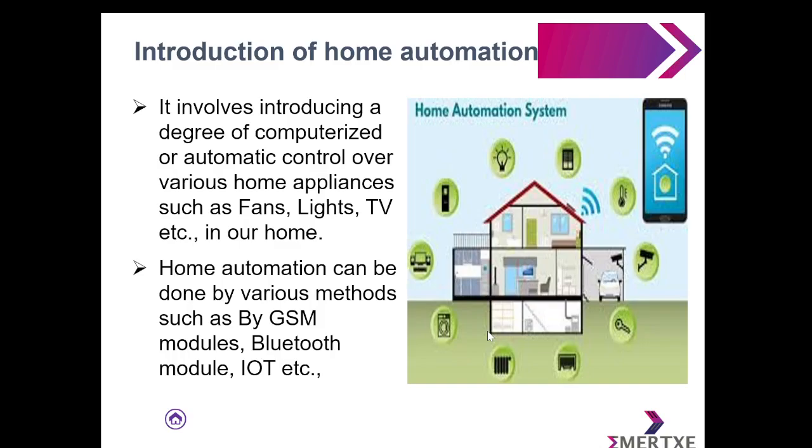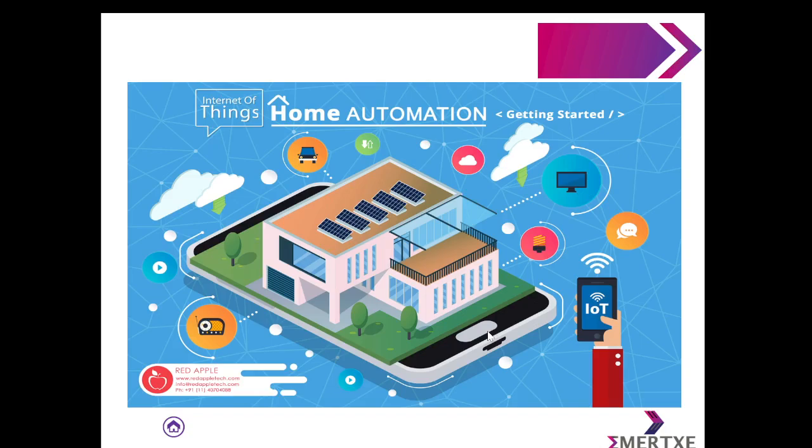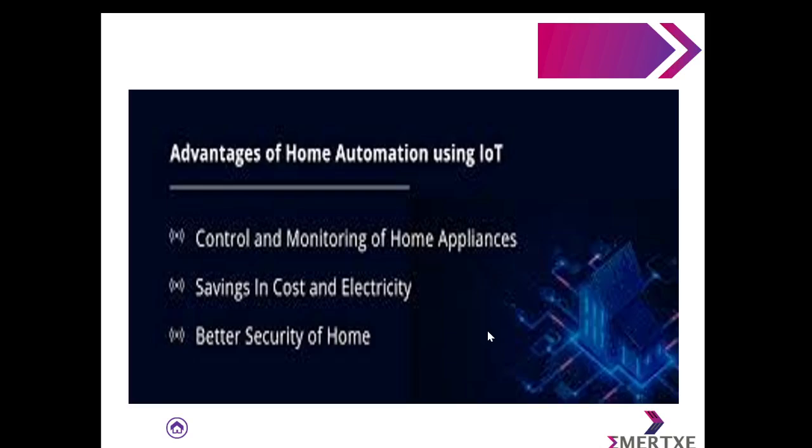Home automation can be done by various methods such as GSM modules, Bluetooth modules, and IoT, etc. Here we have advantages of home automation using IoT, like control and monitoring of home appliances, saving in cost and electricity, and last, better security of home.